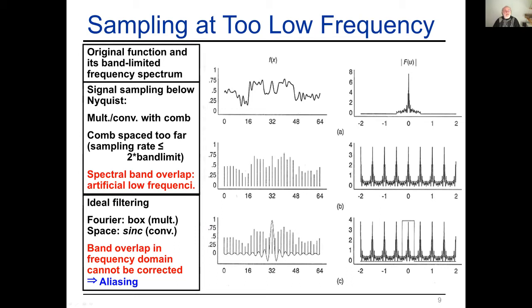I'm sampling here with too low a frequency, which means the spacing is wider in the spatial domain, which means my spacing gets narrower in the frequency domain. My copies start overlapping, and the high frequencies of my first copies are being shifted into the lower frequencies of my original spectral band here. And so some high frequencies show up as low frequencies, and we'll show you that in a second. So that's aliasing.